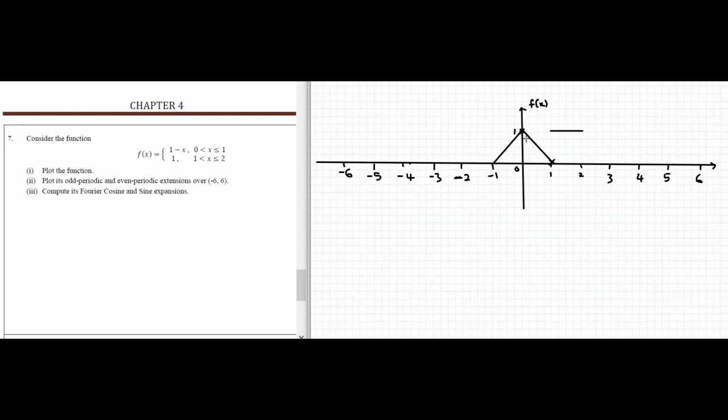We only need to reflect the pattern of the graph on the y-axis.